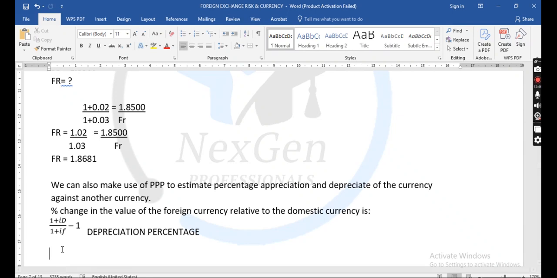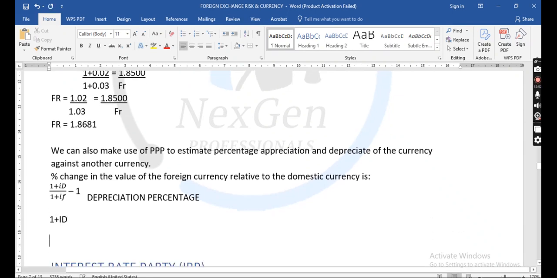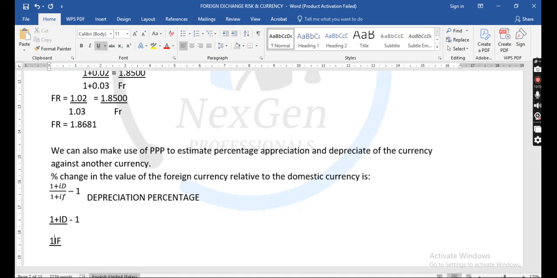It is 1 plus ID, over 1 plus IF, minus 1. So this will be minus.